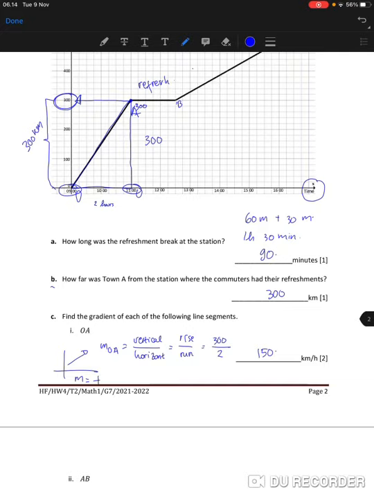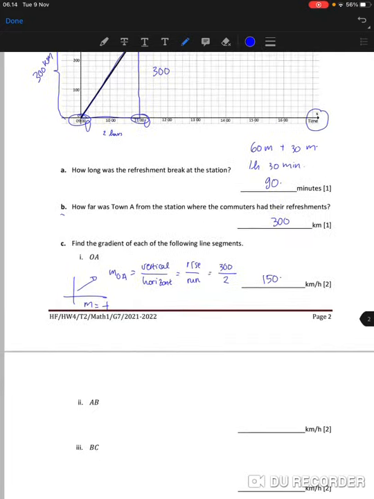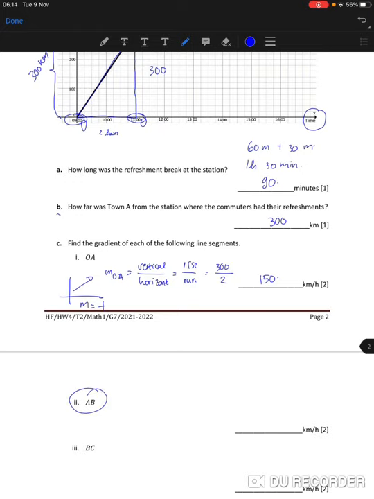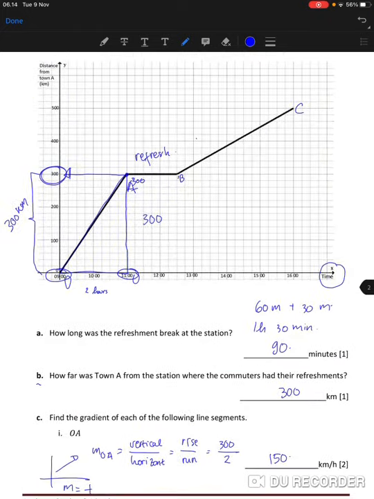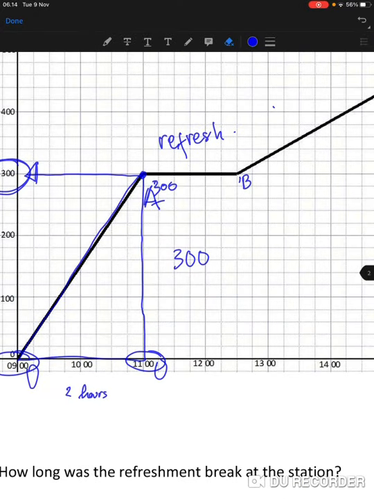Okay, now let's move on to AB. You need to find the gradient of AB here. Look at this, guys. We have A to B. Remember, if you have a constant or horizontal line like this, it means your gradient is going to be 0.